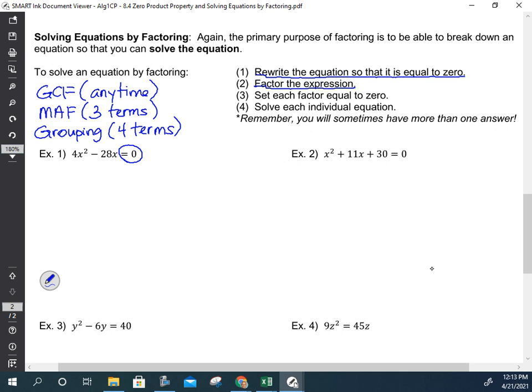So we're going to factor this expression. 4x squared minus 28x. When we factor, we ignore the 0. So we're going to do GCF because we can do it anytime, anywhere, any place. You have a 4 and you have a 28. That's the biggest number you can divide out. 4.